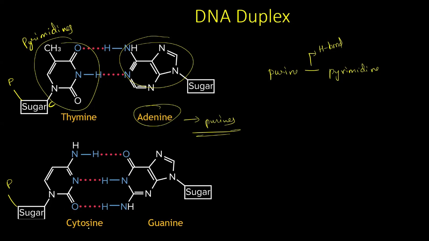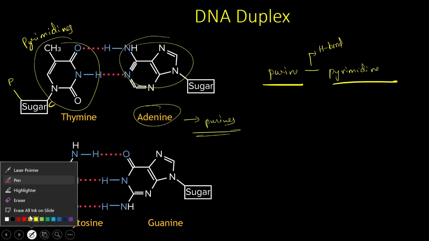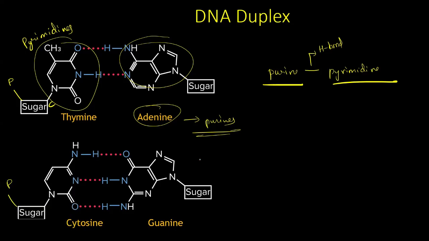And cytosine is a pyrimidine that joins with guanine, which is a purine. So just remember the purines and the pyrimidines. The purines are adenine and guanine, whereas the pyrimidines are thymine and cytosine.